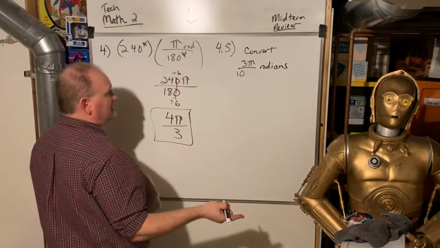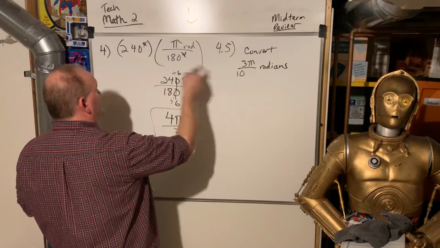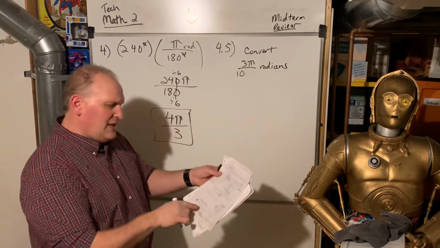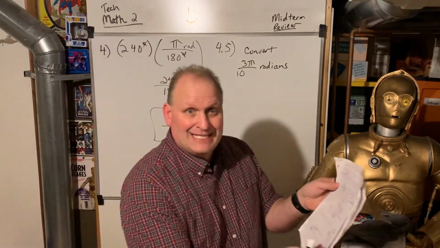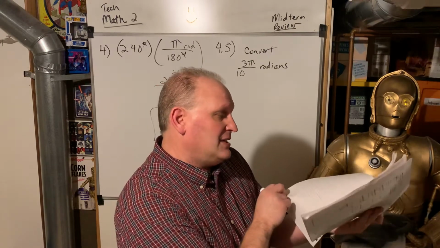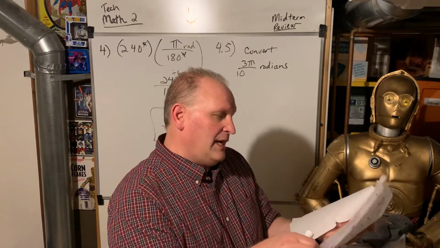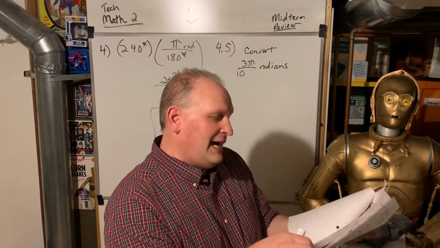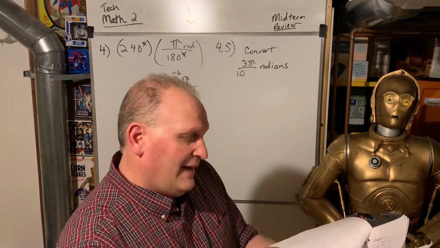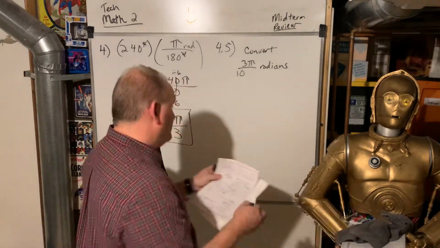If I want to go back to degrees, because there's one like that on the test, but there wasn't one like that on the review. So that's why you have little add-ons on my key. And if you were wondering why did he make up 4.5, that's why I made up 4.5. So what would that look like?